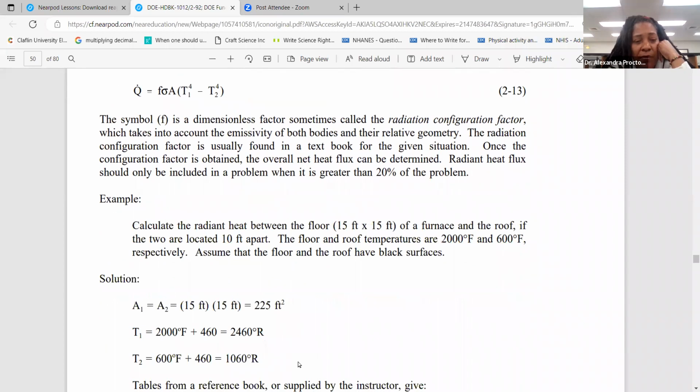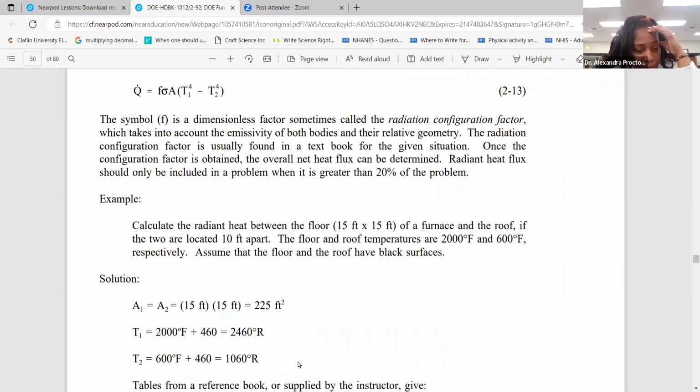They give you an example to calculate the radiant heat between the floor, which is a 15-foot by 15-foot floor of a furnace, and the roof, if the two are 10 feet apart. The floor and the roof temperatures are 2000 degrees Fahrenheit and 600 degrees Fahrenheit respectively, and you need to assume that the floor and the roof have black surfaces. So A1 and A2 are 15 by 15, and that's 225 feet squared.